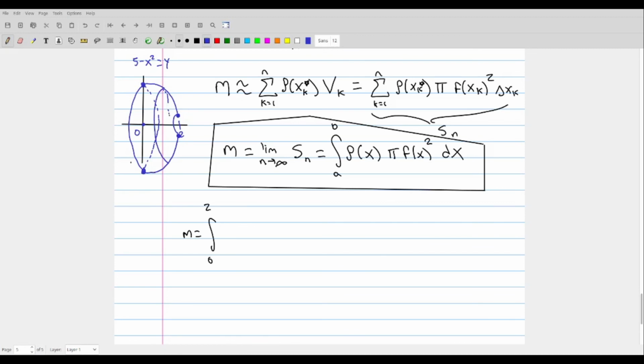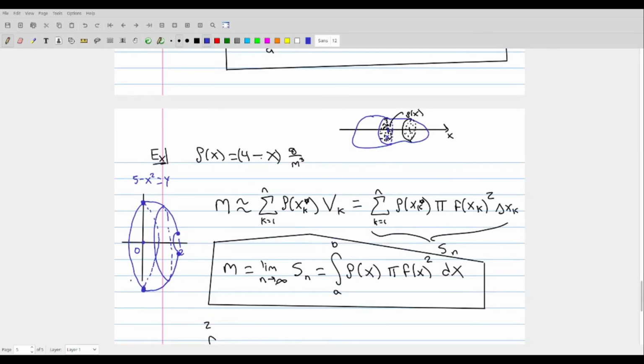So this is the shape that we're looking for the mass of, and specifically we're assuming that it has a mass density of 4 minus x.